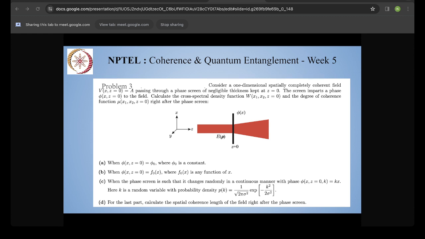Maybe the degree of coherence will also vary, that you will see eventually, but W is very much sensitive to this phase. As W is sensitive, mu is also sensitive, but mu is a normalized version of it. But cross spectral density directly carries the information from the environment. The light, the electric field, is passing through whatever things are present there. So for that, measuring the cross spectral density is actually the main challenging aspect, and that gives all the information about the field.